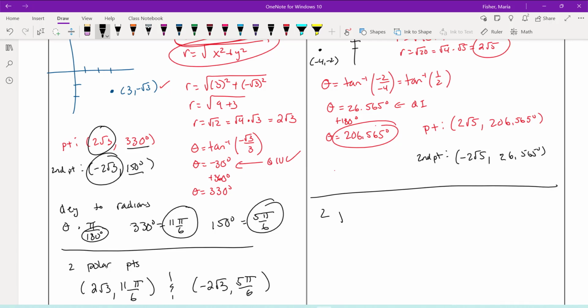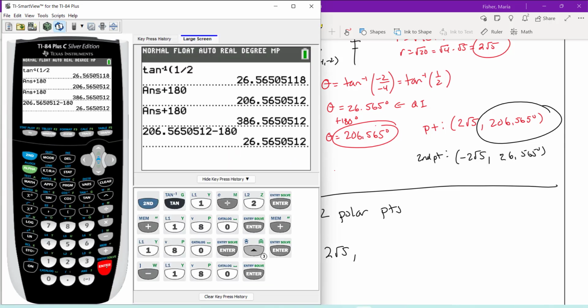So my two polar points are going to be 2 square roots of 5, comma, I need to figure out what is that in radians. Now, since that wasn't an angle that is known, like 330 degrees, I am going to have to multiply it by pi.